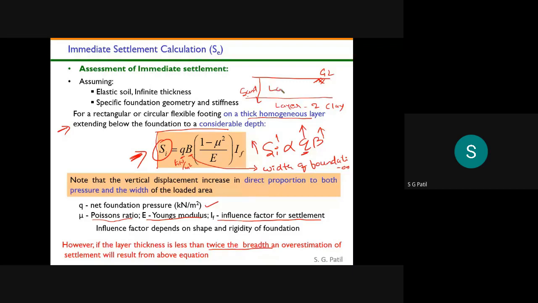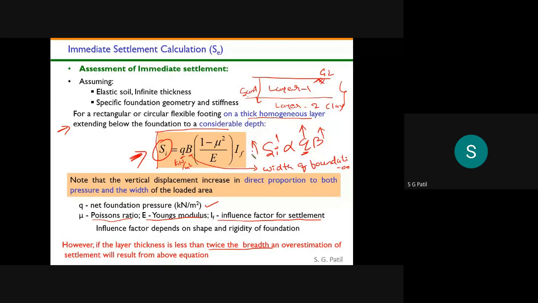This is how we get it in field conditions. But this equation is applicable only if you have one layer of soil extending for a larger depth. If you use the same equation for a soil profile with different soil layers, then whatever results you get will overestimate your settlement.